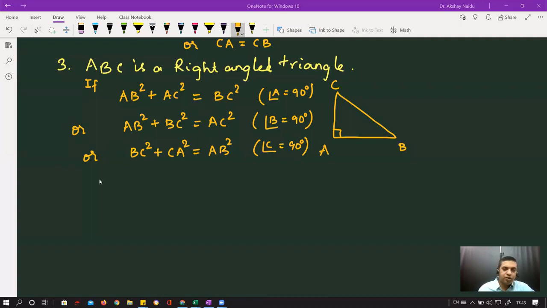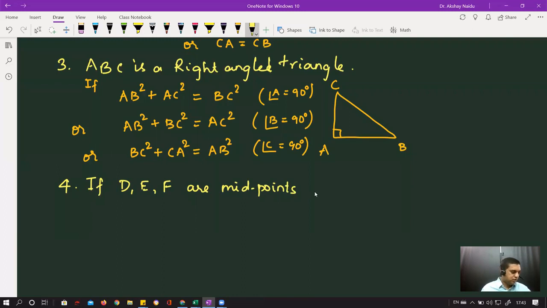Now, one more important result with triangles, then we'll go on to the quadrilaterals. Another important result is if D, E, and F are midpoints of BC, CA, and AB.